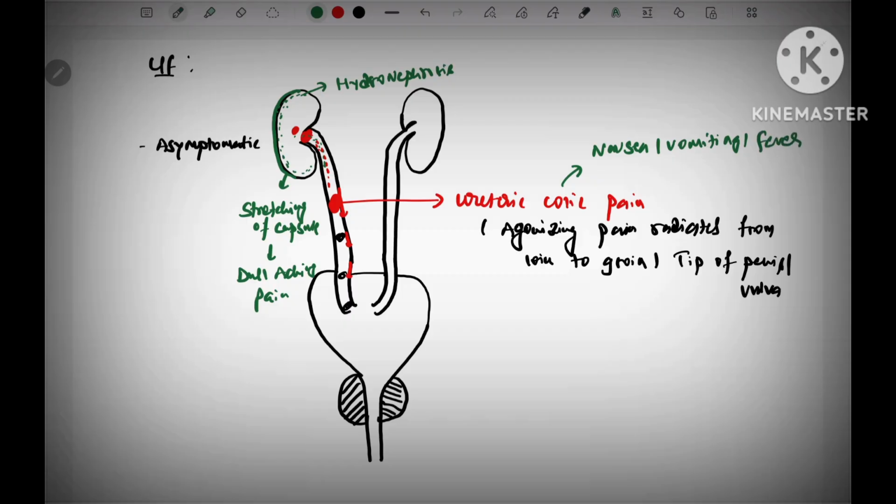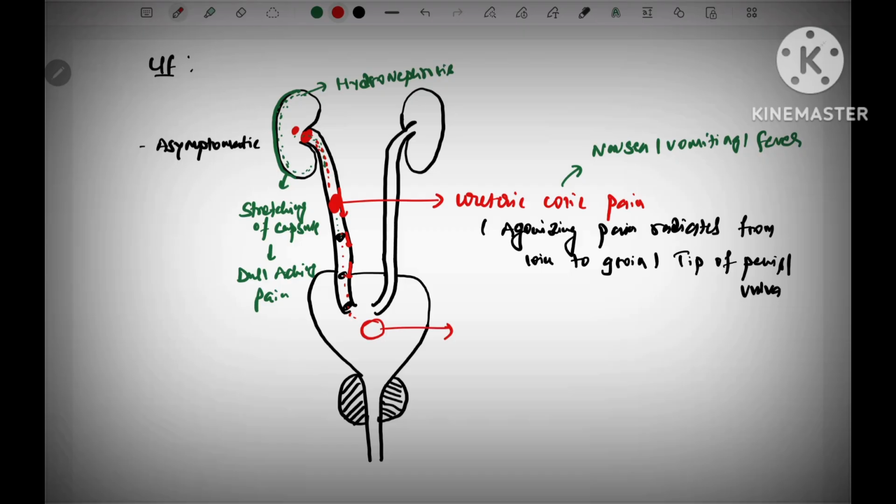Now assume that the stone has traveled a long way and come into the urinary bladder. Will the patient have any symptoms? No, the patient will again remain asymptomatic. Sometimes it can irritate the bladder and increase the frequency of micturition.